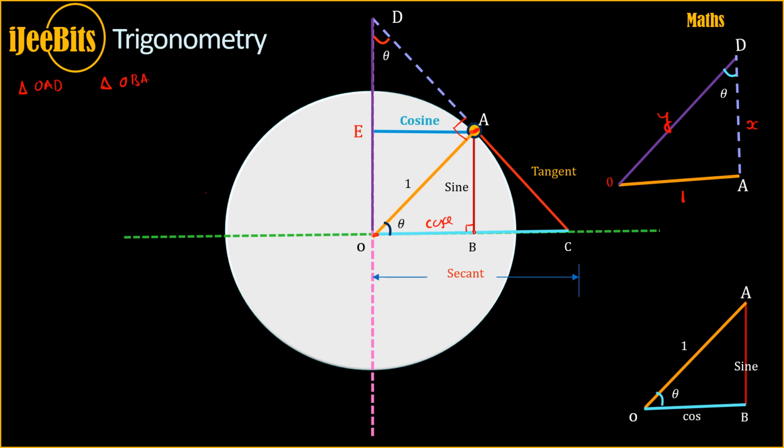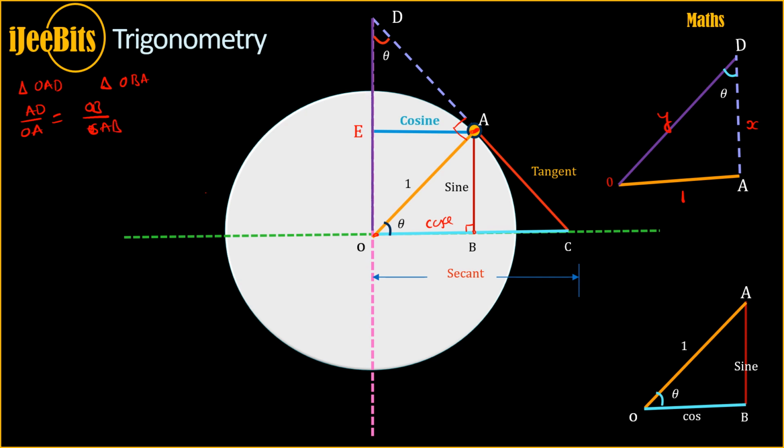So from this, since I'm trying to find out x, AD by OA equal to what would be the similar? AD means adjacent, right? So here also OB over opposite. Opposite is what? Sine theta. So that means AB.